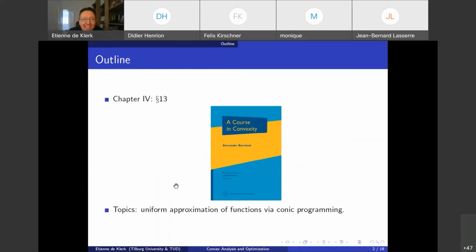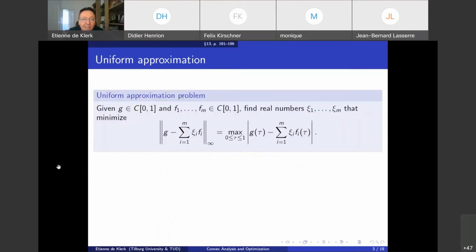So now I continue with one specific application of the general problem of moments, and this is a problem from approximation theory, called uniform approximations using the generalized problem of moments. The problem that we are talking about is perhaps the most fundamental in approximation theory.